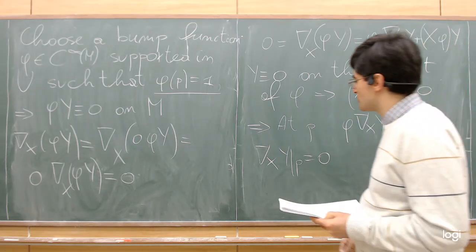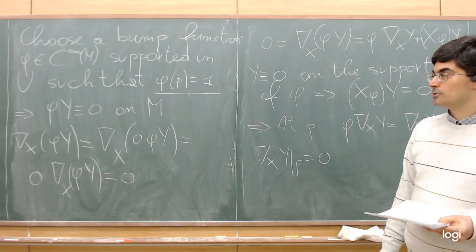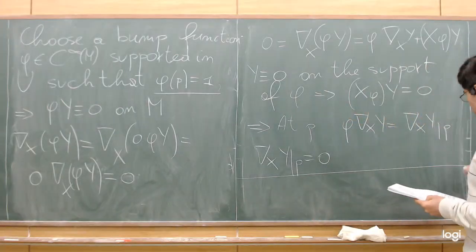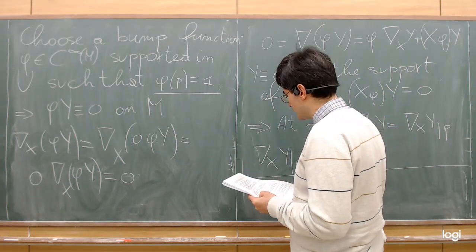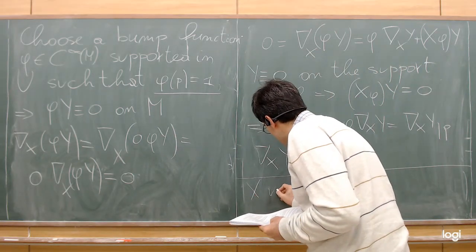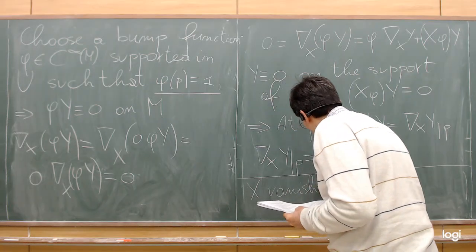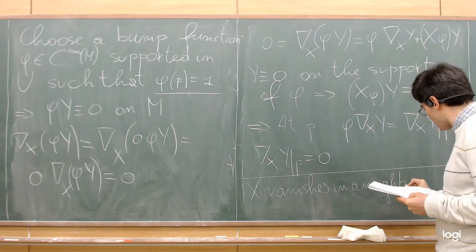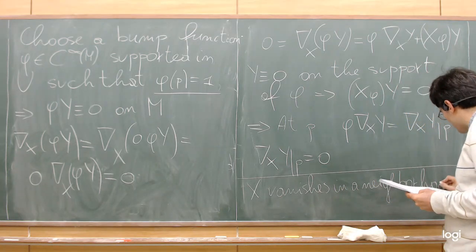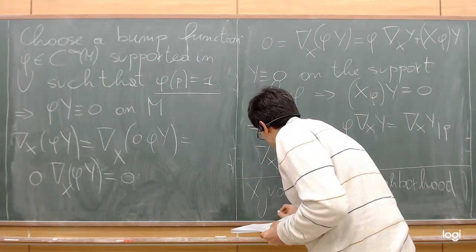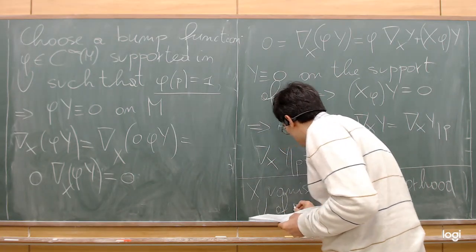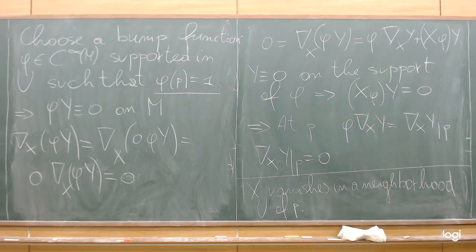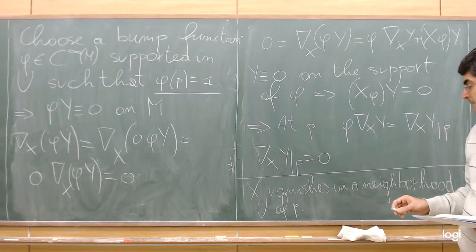Now we prove the statement for the entry X. So suppose that X vanishes in a neighborhood U of P. I have to prove that the covariant derivative ∇_X Y at P is 0.